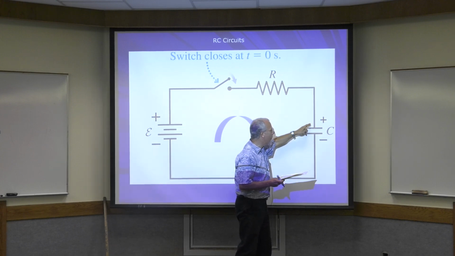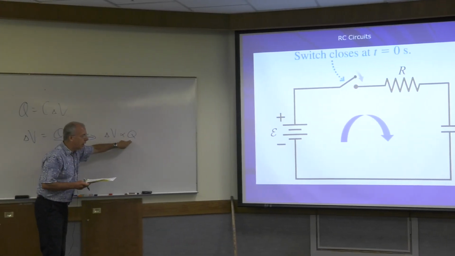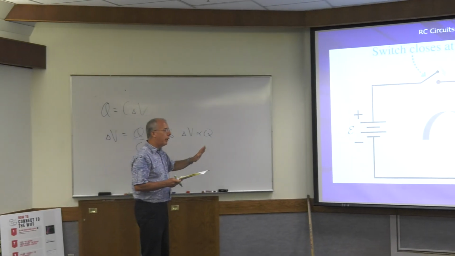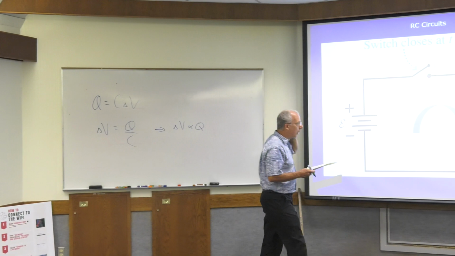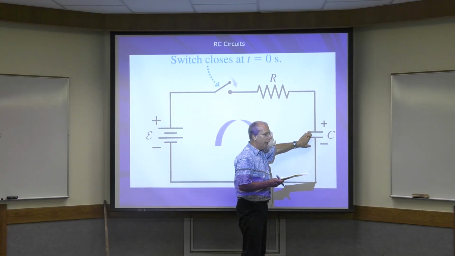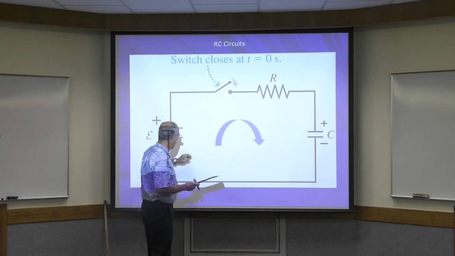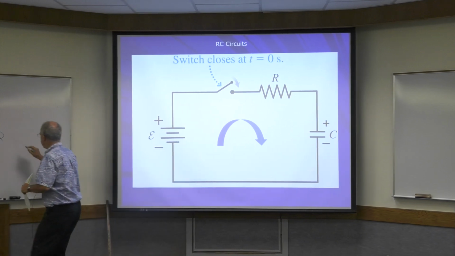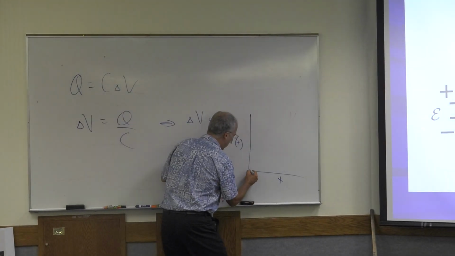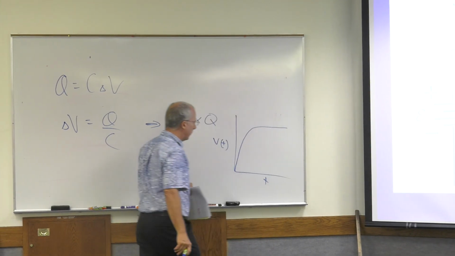Then as the charge keeps getting bigger and bigger, the voltage gets bigger and bigger, right? But eventually, this is going to be fully charged, and therefore the voltage is not going to change anymore. So it's the voltage versus the time. It's going to start out at 0, get bigger and bigger, and then it's just going to level off.